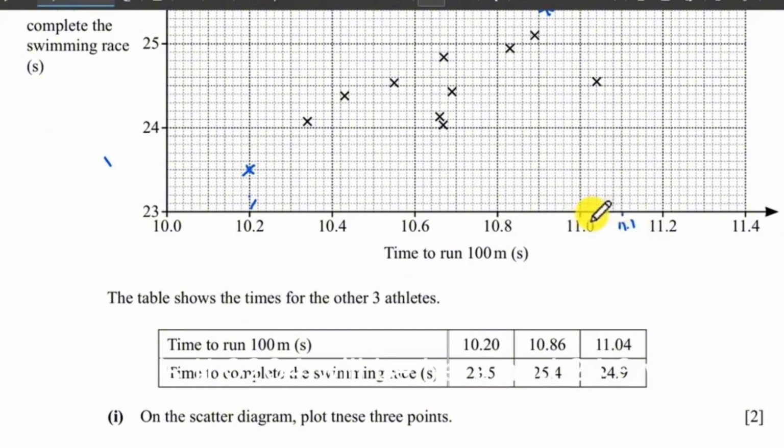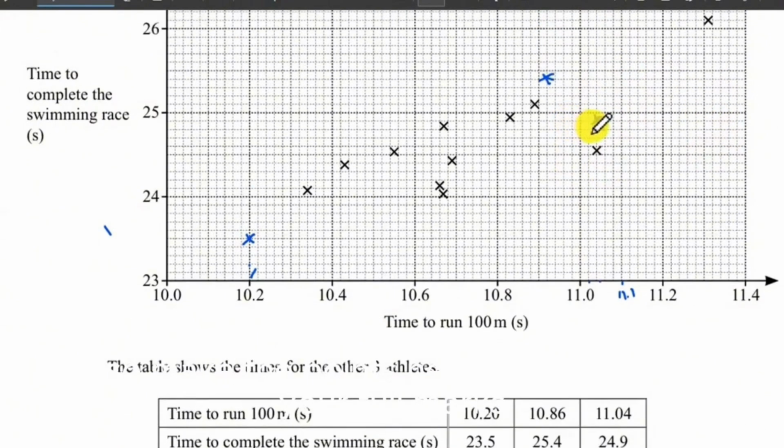So this is 11.02, 11.04 will be here, and 24.9 will be here. So you mark that point with an X. Make the points neat and you get your full marks. Always use a ruler to show where you're going.